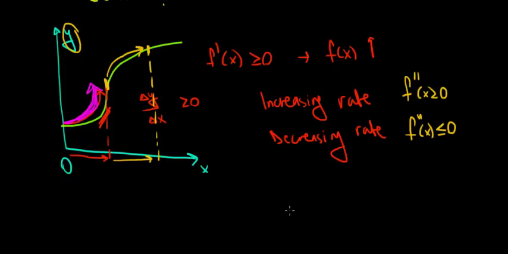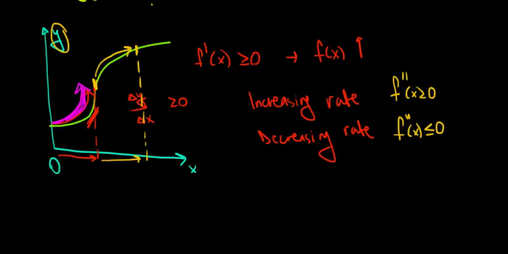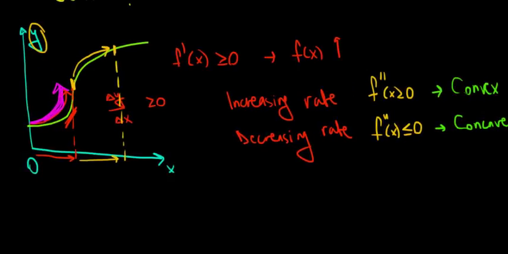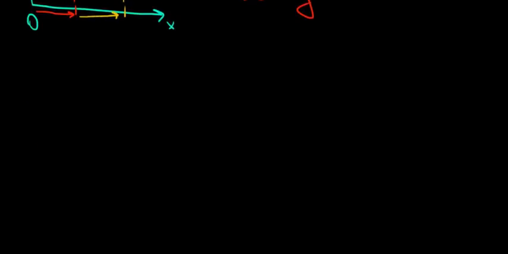And the way we call these ranges of an increasing rate or decreasing rate, it's convex and concave. So when the second order derivative is positive, we have a convex range, and when it is negative, we have a concave range. And in our question, we were looking for the convex range, so we need to find the second order derivative, and let's do it.